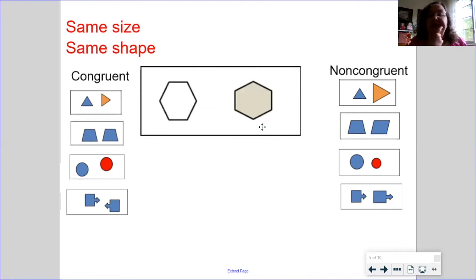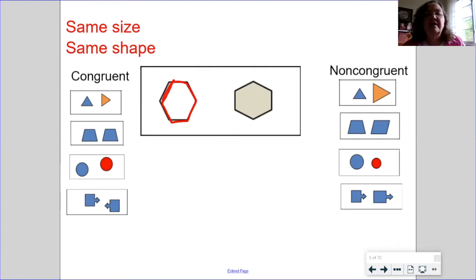Oh, let's look at these. Do you think they are the same size and the same shape? Well, let's try. I'm going to trace the sides, and you see Ms. Yeager made a little mistake.